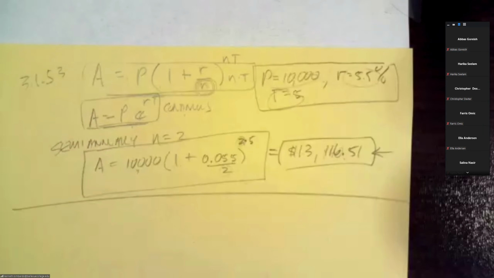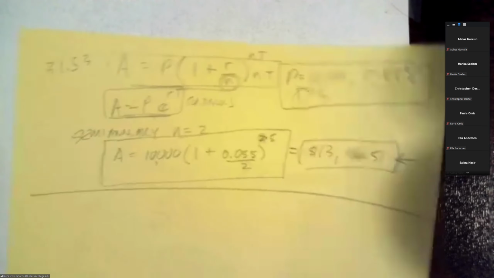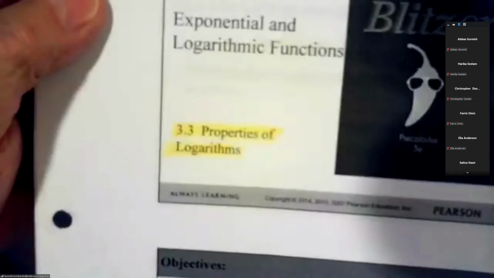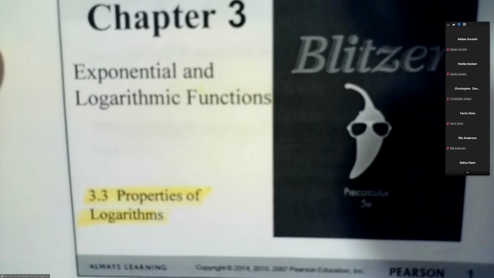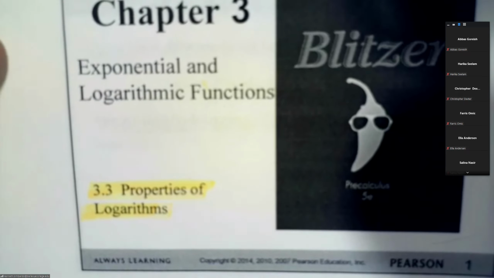The plan today is to cover 3.3, 3.4, and 3.5. So I'll put the book away then and get out 3.3, 3.4, and 3.5. 3.3 talks about properties of logarithms. So we're going to have to define the logarithm again and make sure we understand what that is.